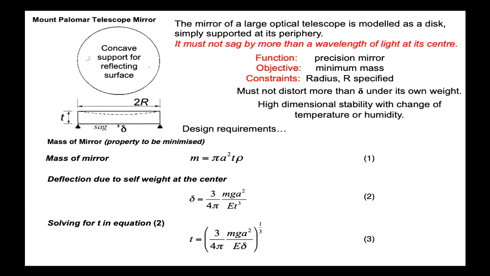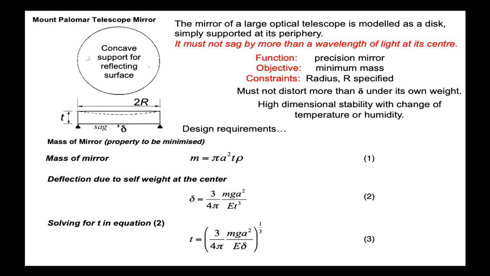No wonder it's so big. So its function, its objective, and its constraints are provided, and it must not distort. Another way of saying it, we want a high dimensional stability, plus we can talk about things like it mustn't change with temperature, it mustn't change with humidity, or it must change as little as possible with things like that.